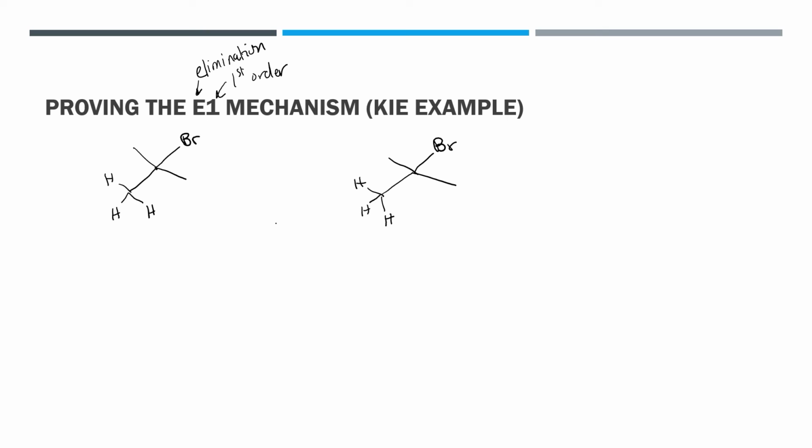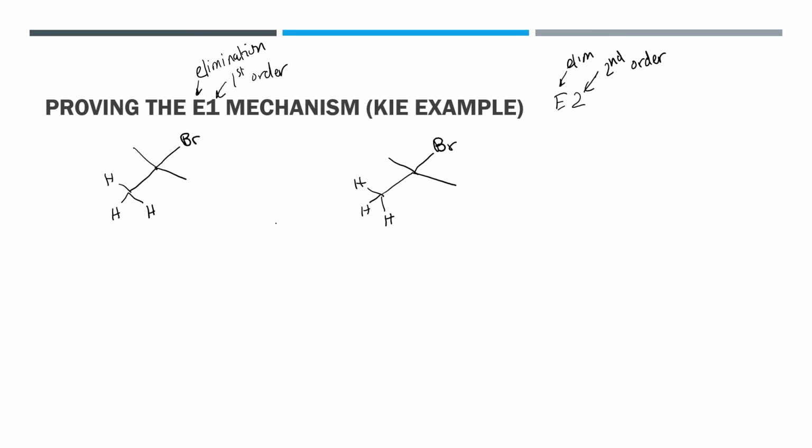The other very common elimination reaction is E2. Again, the E stands for elimination, but the 2 stands for second order, and that should make sense. First order and second order, that's basically like in the rate laws, we have a first order reaction and a second order reaction.